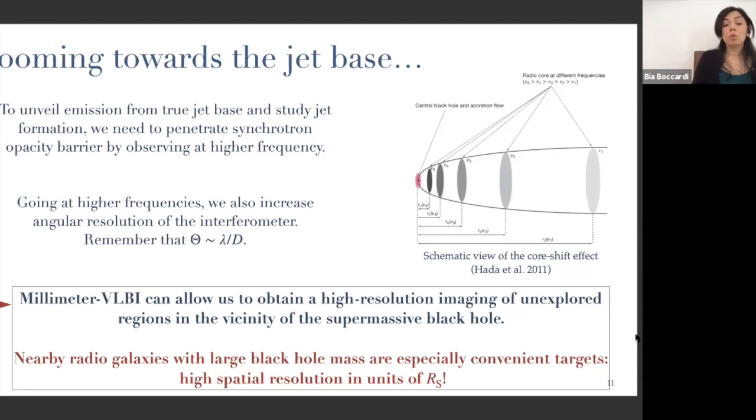So through millimeter VLBI observations, we can attempt to probe unexplored regions in the vicinity of the black hole, and in particular, nearby radio galaxies with large black hole masses are ideal targets for such a study, because the Schwarzschild radius is large. Therefore, we can obtain a high spatial resolution in units of Schwarzschild radii.